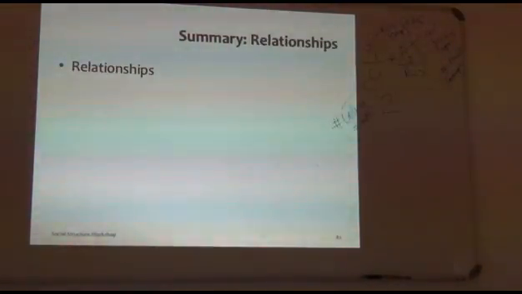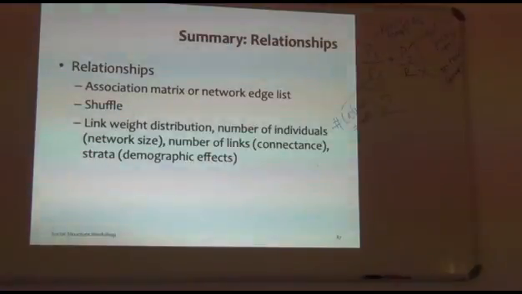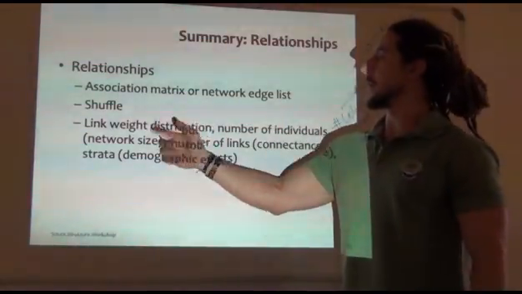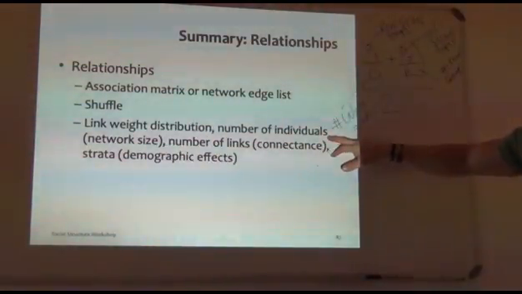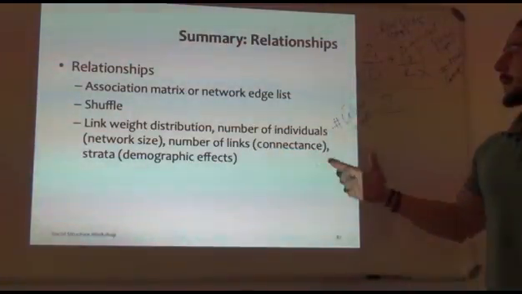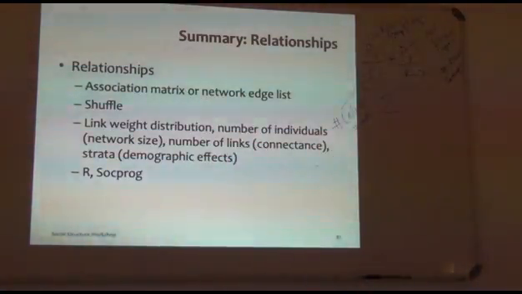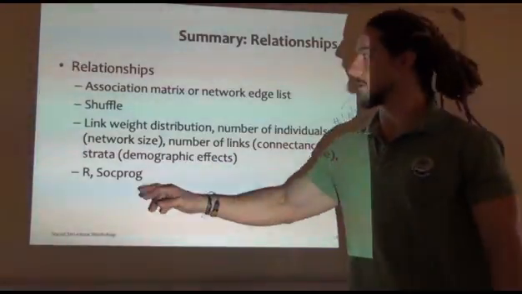If you're shuffling or randomizing relationships, you will work on either an association matrix or a network edge list, and basically we're gonna shuffle them, either the nodes or the individual weights. We will preserve the link weight distribution, the number of individuals, network size, the number of links, connectors, and we can add strata if you want. And we can do that in R easily or in SocProg.